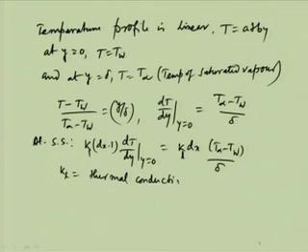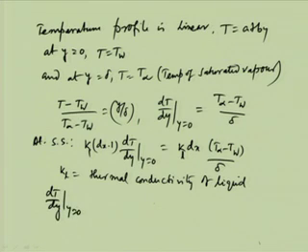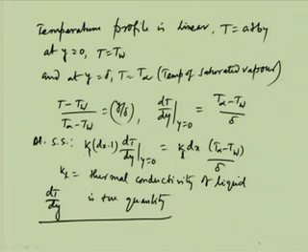No negative sign has been placed over here, because dT by dy at y equal to 0 is a positive quantity. dT by dy itself is a positive quantity, and therefore we have not used the Fourier equation form, which has minus k into dx into dT by dy.